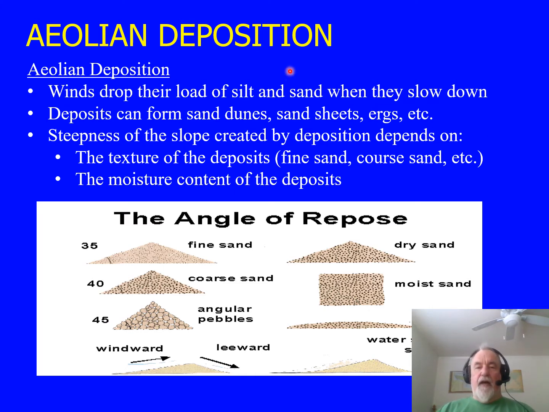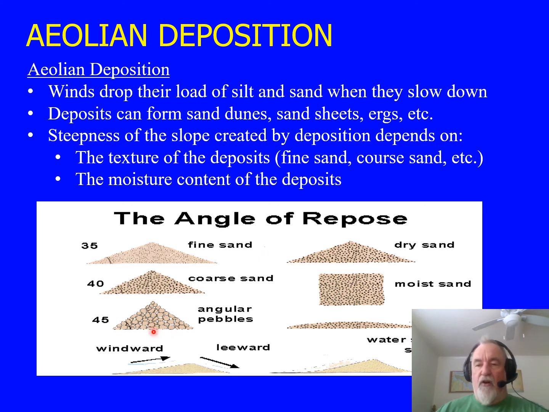One thing to keep in mind when we're looking at when sand gets deposited, and that will occur, by the way, when wind speeds slow down. So faster winds pick up more sand, and slower winds will allow the sand to be dropped. And when the sand gets dropped, we get depositional features. So the depositional feature depends a little bit on factors such as what is the coarseness of the sand?